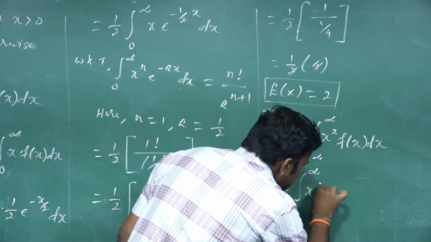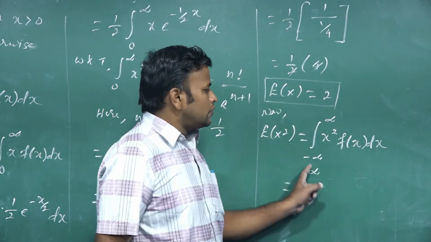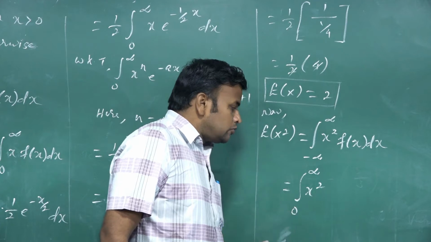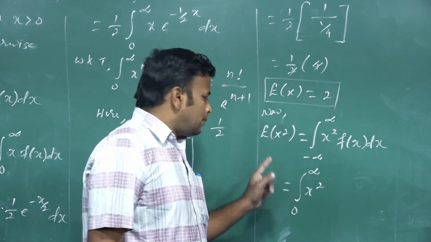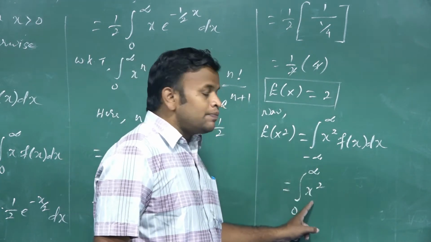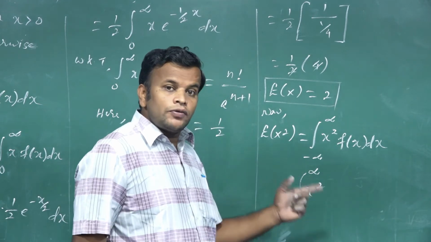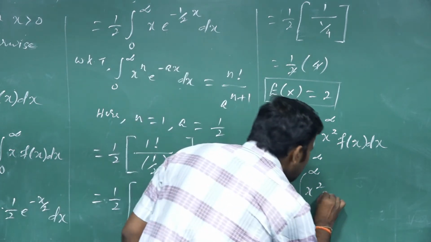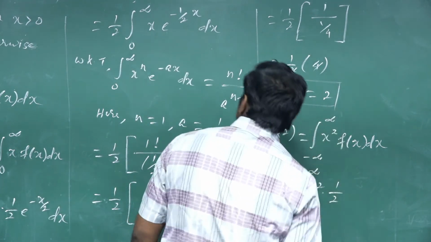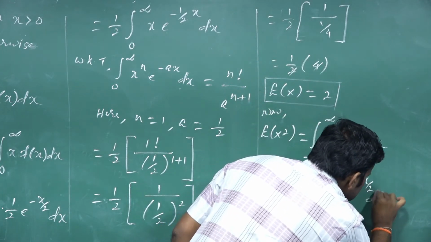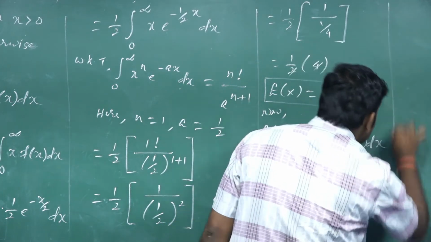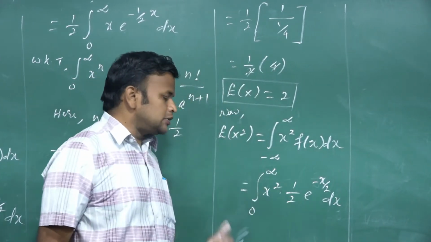So here also we split minus infinity to plus infinity as minus infinity to 0, in which f of x value is 0, we leave it. Plus 0 to infinity x square. In this interval, f of x is defined as 1 by 2 of e power minus x by 2, into dx.